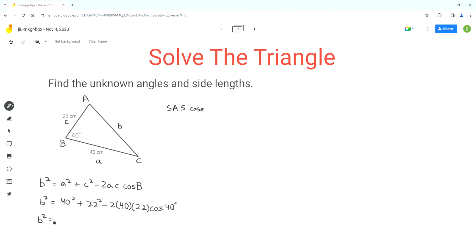So we know 40 square is equal to 1600 plus now 22 square is equal to 484.